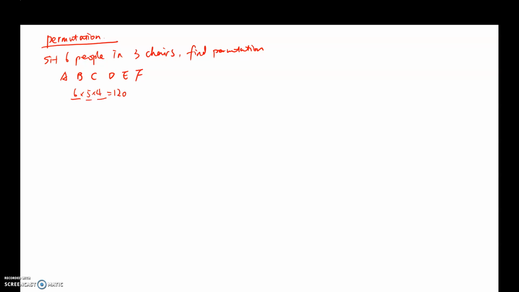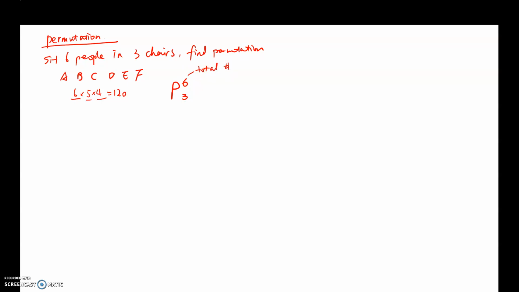Now, I will introduce how we represent permutation, okay? As you can imagine, the word starts with a P, so permutation is P. If I want to find the permutation of sitting 6 people in 3 chairs, I just write P with 6 people in 3 chairs. That's the total number.